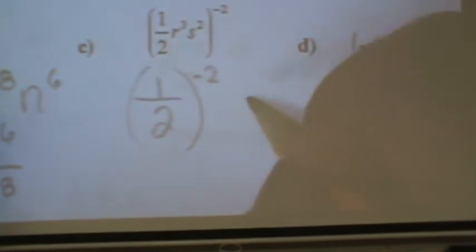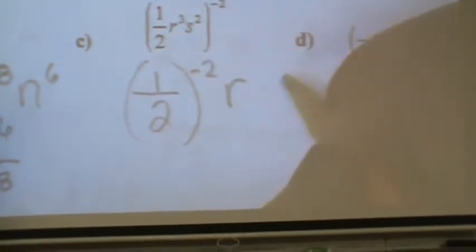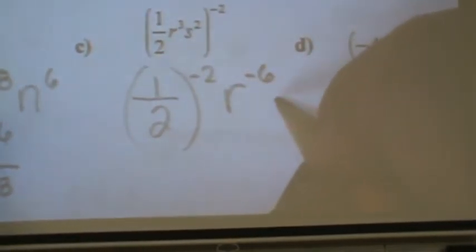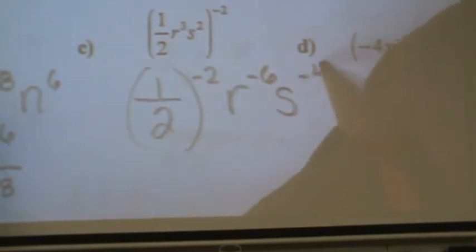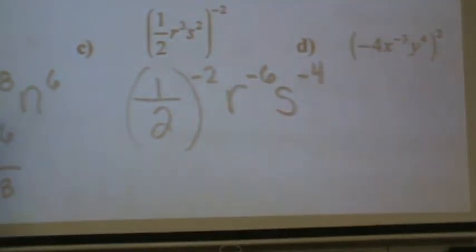C, a little tricky on this one. You've got 3 things. You're going to do 1/2 to the -2 power. What is the third power to the -2 power? -6. Uh-huh, and that's an s to the -4. So these two are going to go in the denominator.